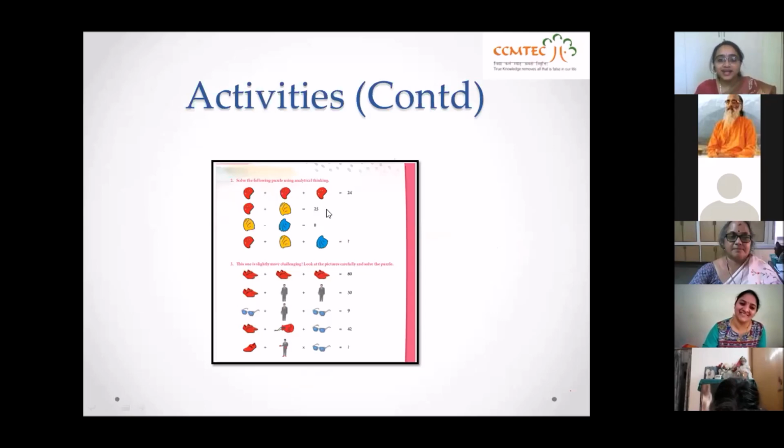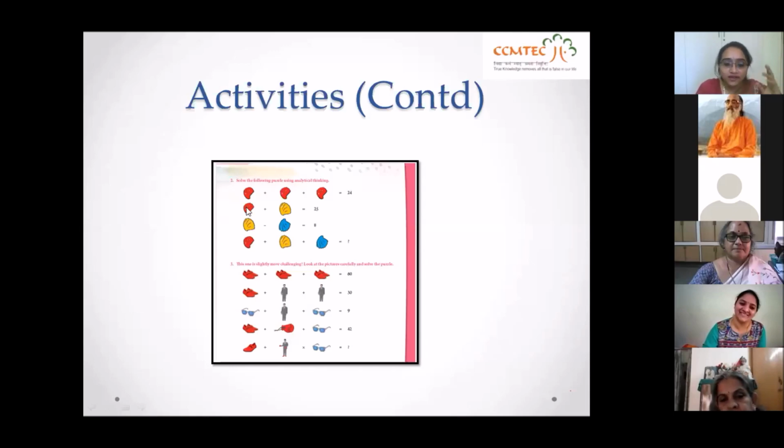So there's something like three reds making 24, which means one red is what? 8. Exactly, Sridevi ma'am. One red becomes 8. Perfect.